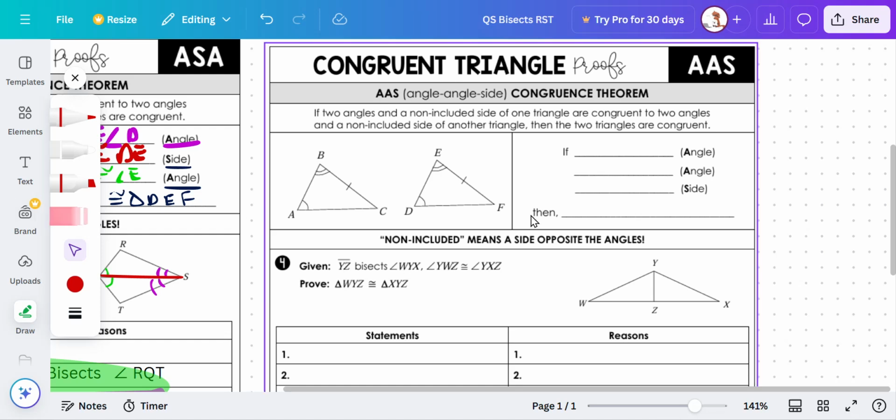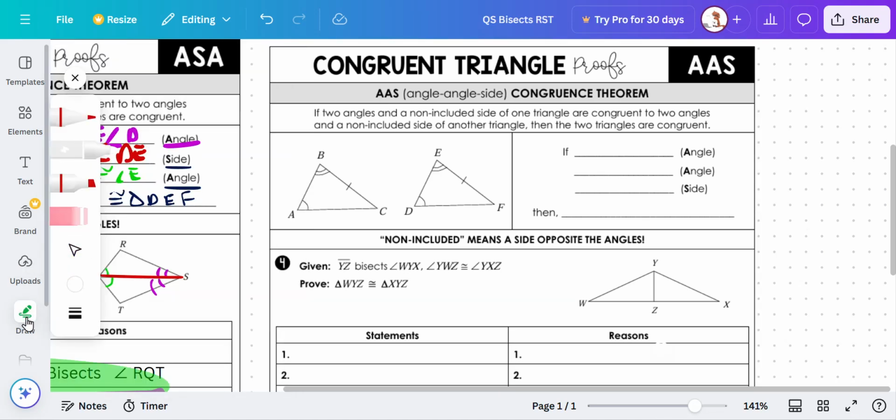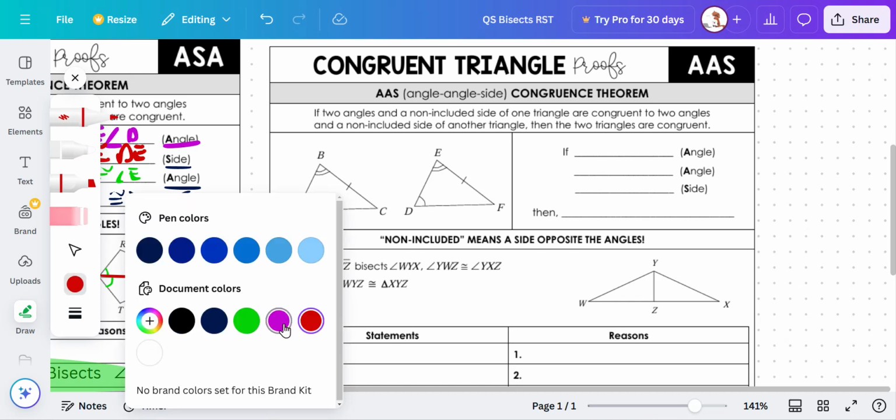So the only difference here is that the side is not between the 2 angles for both of them.